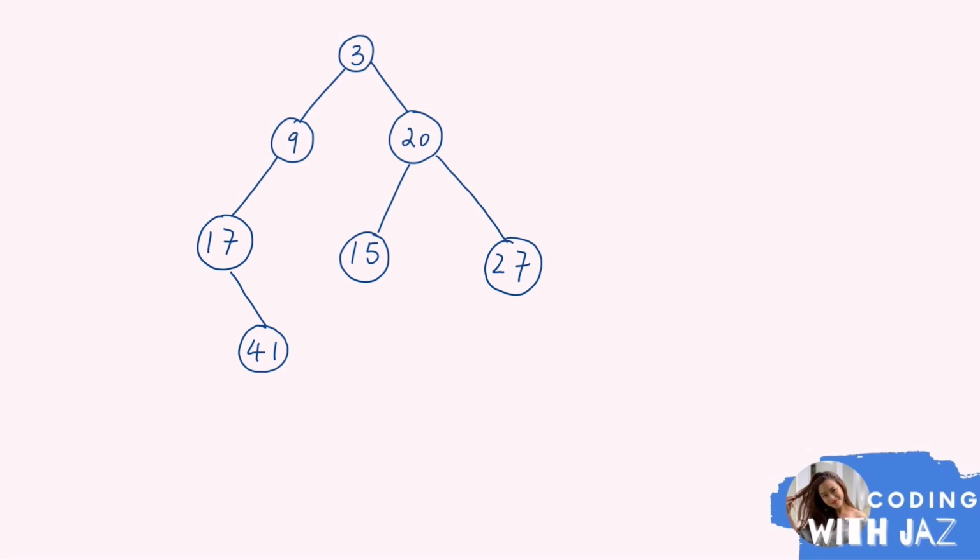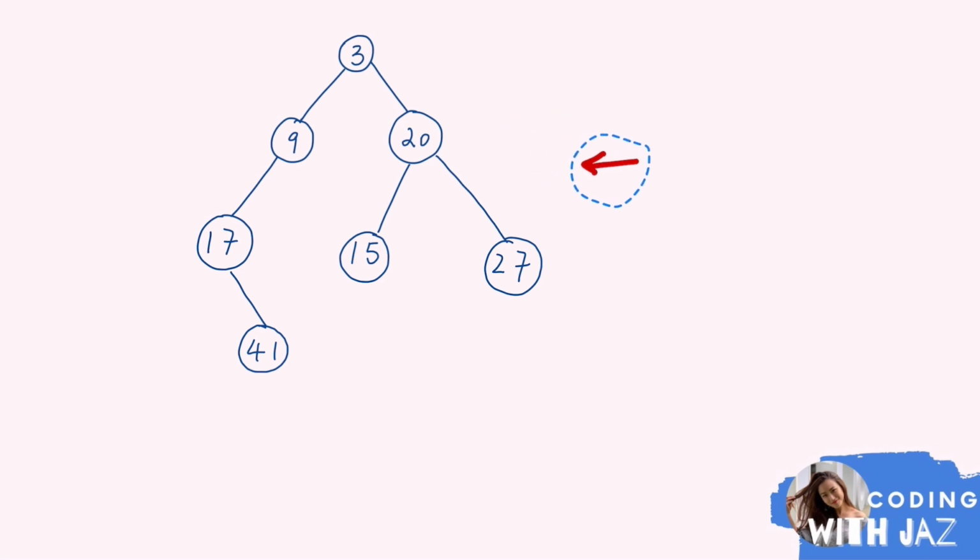So now let's think about how to approach this problem. Since we want to return this binary tree level by level, if we're starting from the root level, that level is pretty simple because there's only this one node, which is the root node. And then the next level is also pretty simple because those are just going to be the children of your root node.